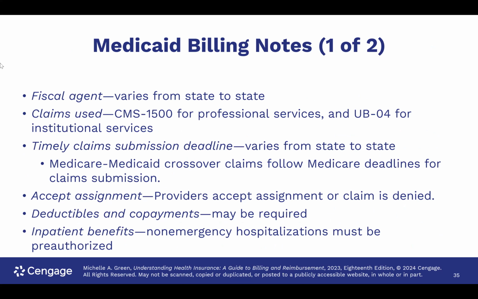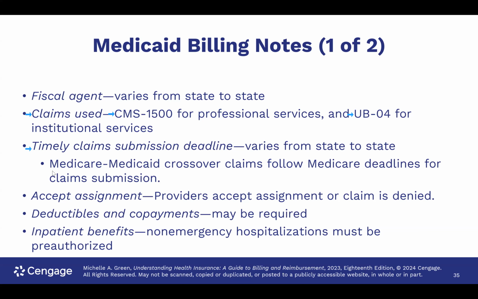And again, like we've seen before with our Medicare, we have claims forms, and these involve the 1500 form for physician services and the UB04 for institutional or facility charges. One thing that a lot of providers are very chagrined to find out is that the Medicaid programs insist on timely claims submission.